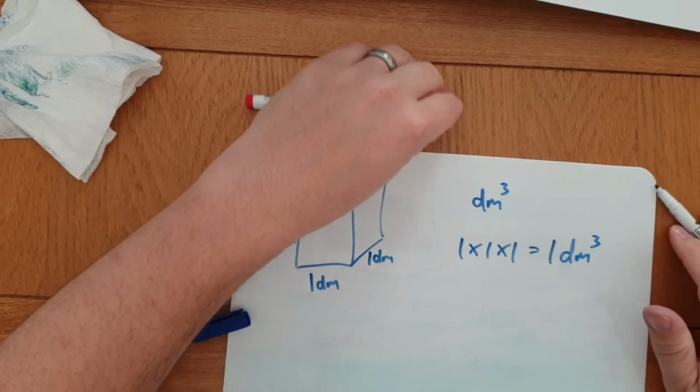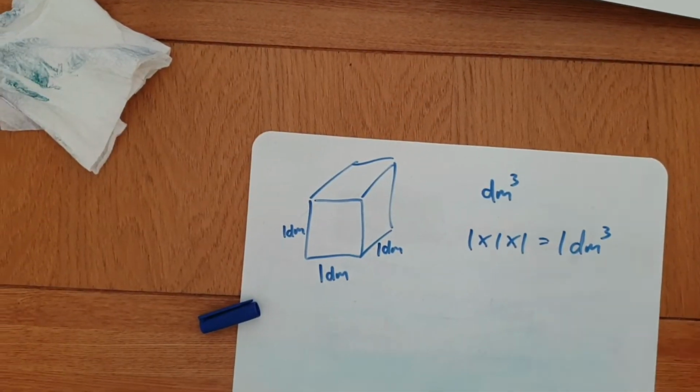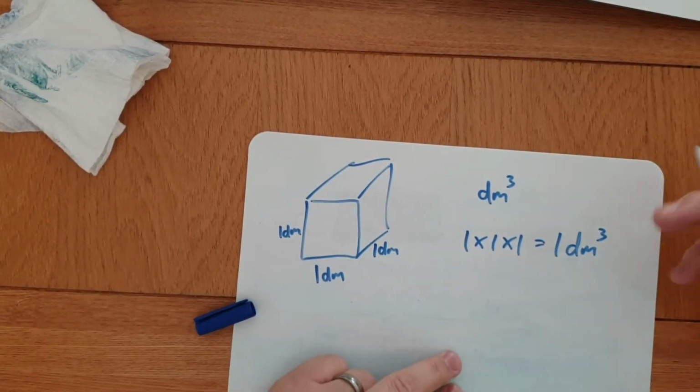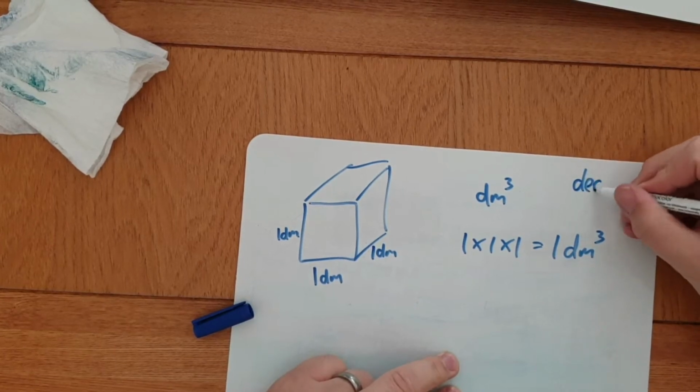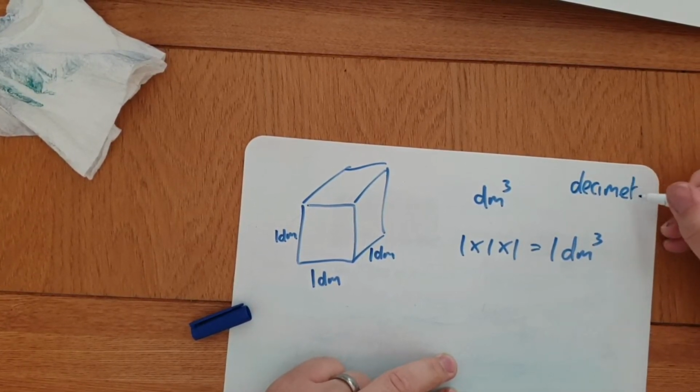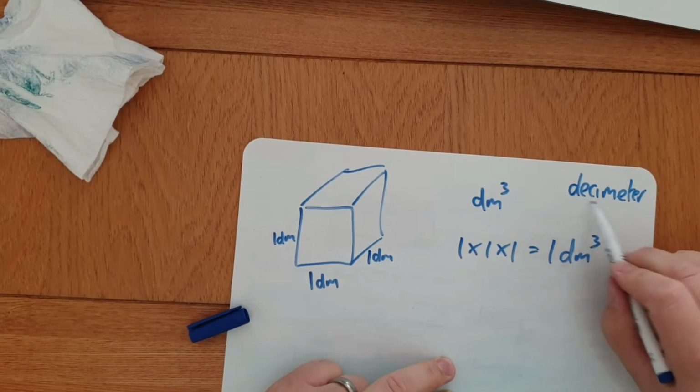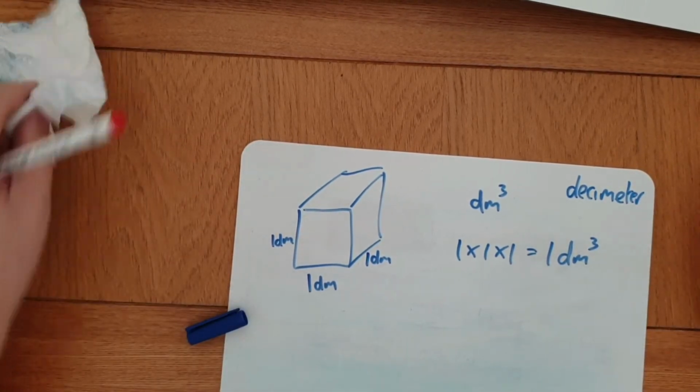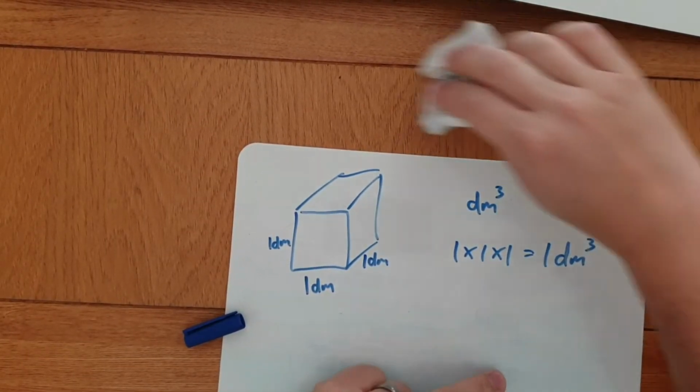Now, you also need to be able to change this into centimeters. So if you think of decimeter, if you think of decade, there's 10 years in a decade, there are 10 decimeters in a meter.